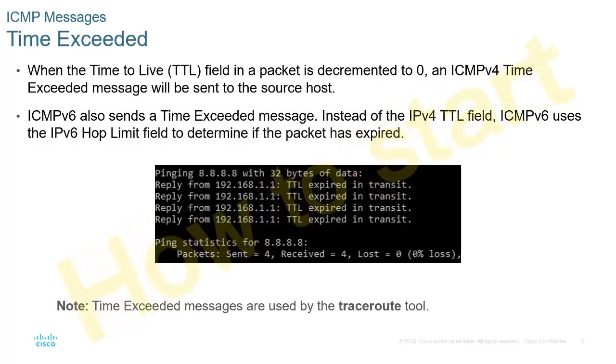That way, if we exceed our maximum hop limit, the packet will expire, not allowing it to live forever. Note that time exceeded messages are used by traceroute as well. It's not always about ICMP.